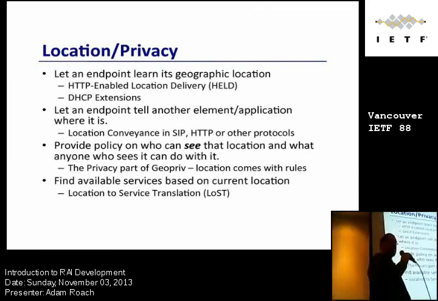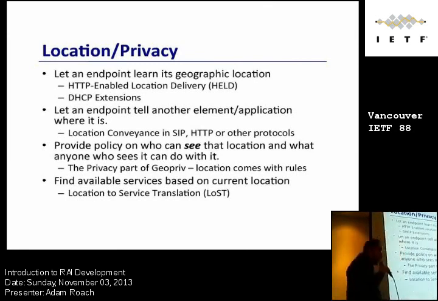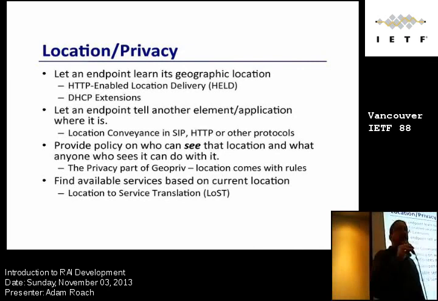All right, moving on to location and privacy. We have a set of protocols that we've defined in the real-time applications area that let an endpoint learn where it is physically on the planet without necessarily having a GPS chip. The idea is that it uses things like HTTP or DHCP to find out.